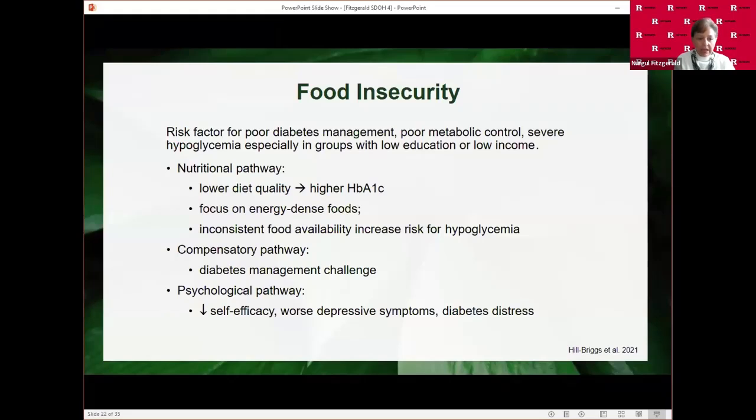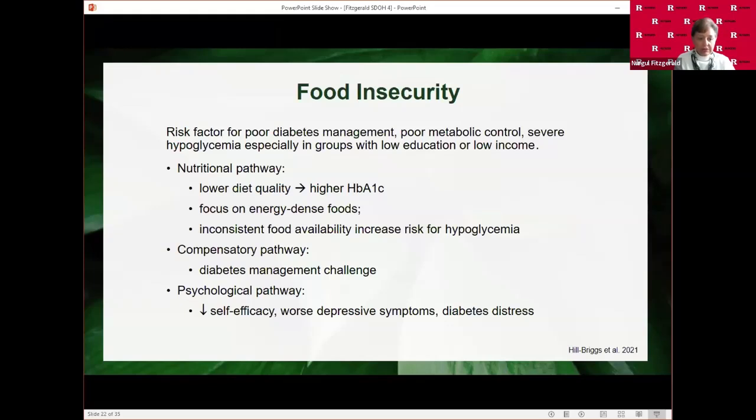Another pathway is the compensatory. It can present challenges to manage diabetes because of other priorities. Pressing priorities in one's life can prevent people from taking care of their diabetes needs and disease prevention and management needs.